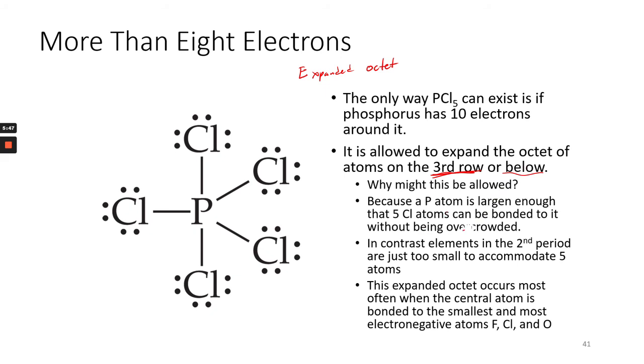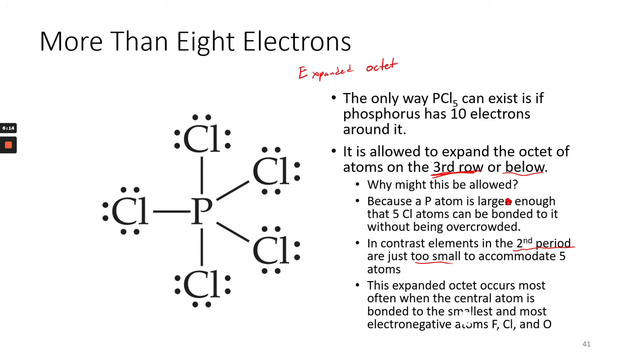Well, as it turns out, because the P atom is large enough, so it is larger than the row 2 elements, it can fit these 5 chlorines without them being overcrowded. In contrast, the second period elements are just too small to fit 5 atoms around.